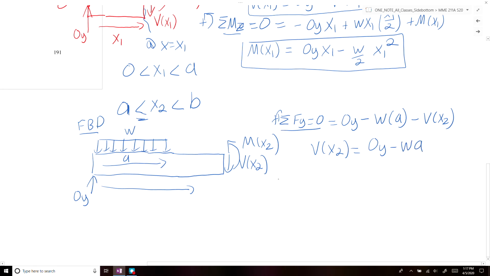And then we can do the same thing to find M of x2. We can sum all the moments about the section cut and set that equal to 0.